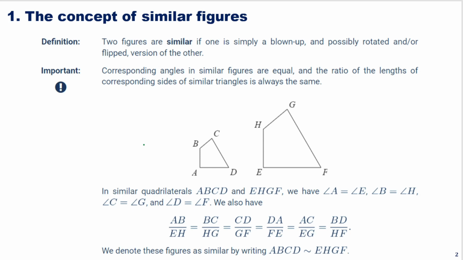For example, AB over EH equals BC over HG equals CD over GF equals DA over FE equals AC over EG equals BD over HF. And we denote these figures as similar by writing ABCD is similar to EHGF.